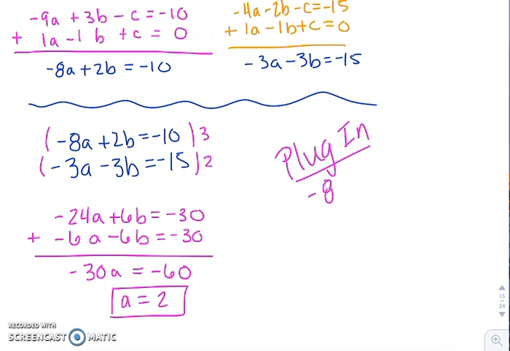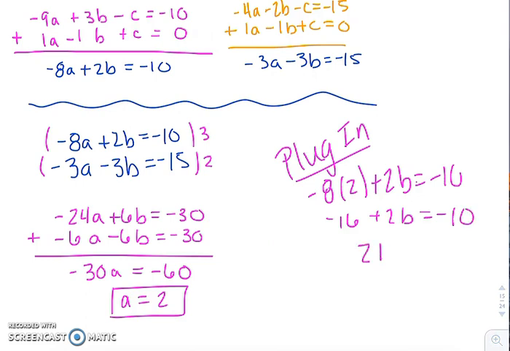So negative 8 times a, which is 2, plus 2b, which is what we're trying to find, equals negative 10. So that's negative 16. We'd add that over, then get 6 divided by 2. b is 3.